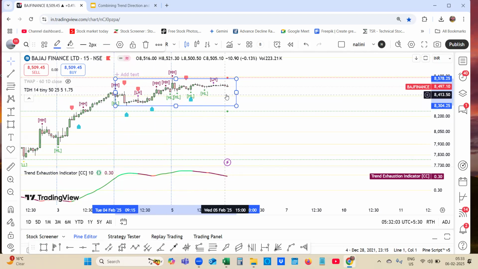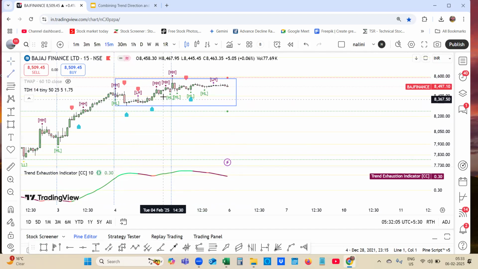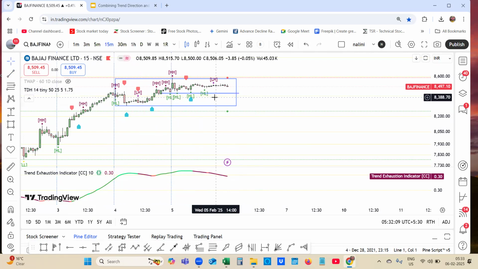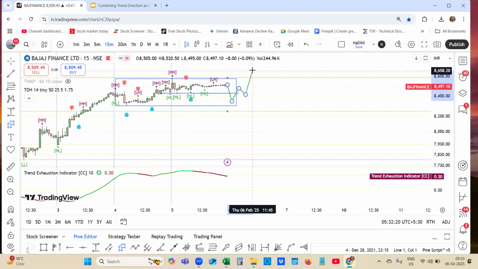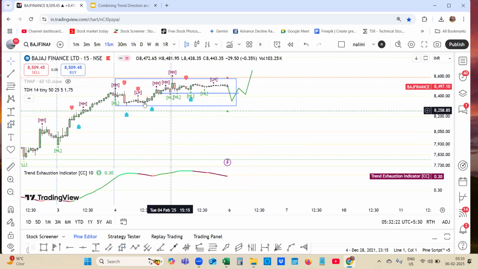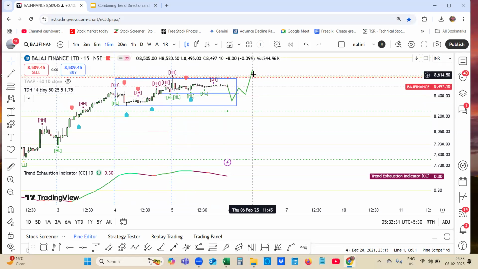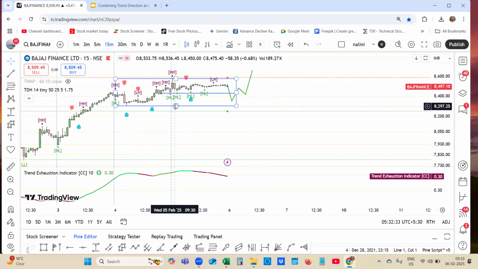It can make lower low within the box itself. Lower low, and it can make a lower high and it can pop up also. So it acts as a guidance for you whether this trend exhaustion is for the down move or the up move also. You can decide yourself.